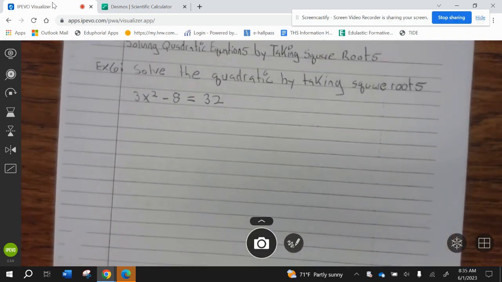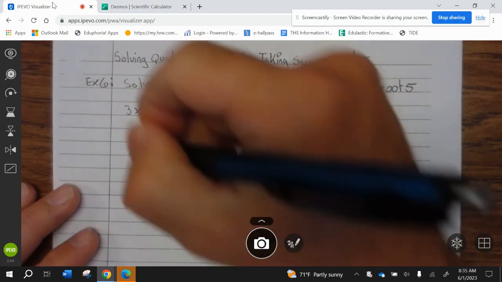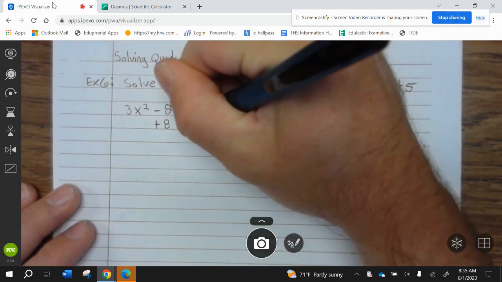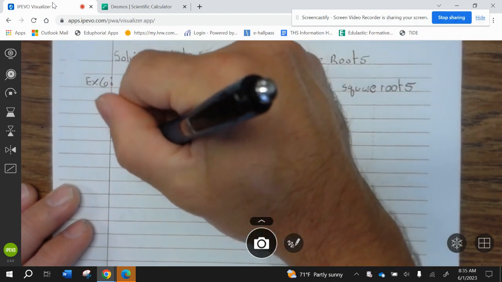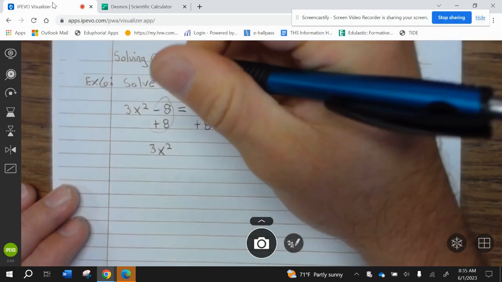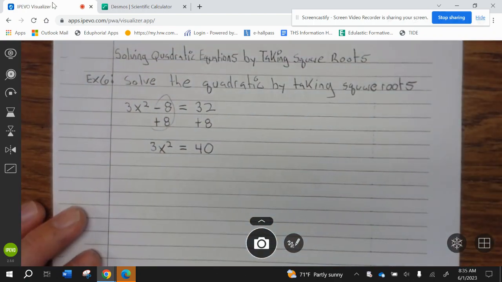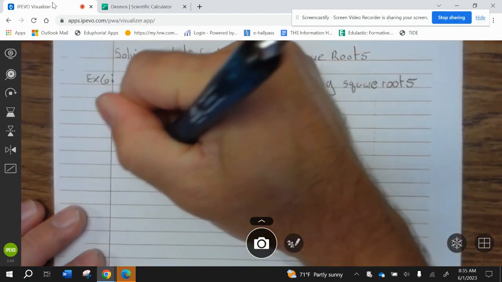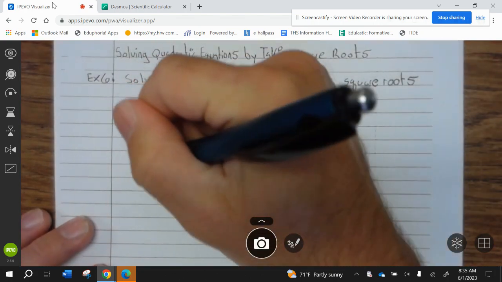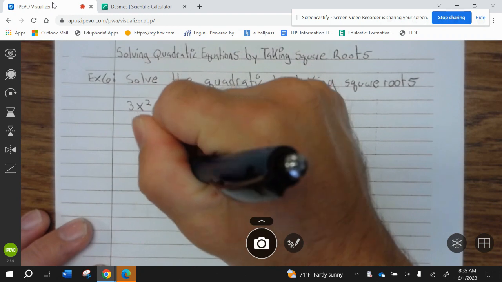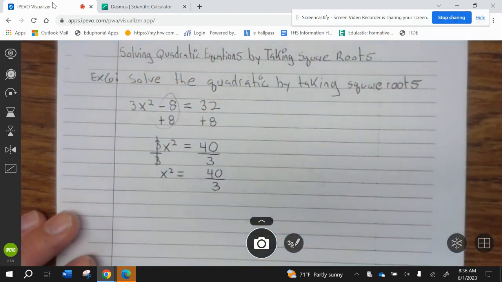All right, example 6. Solve the quadratic equation by taking square root. So first thing first is we're going to add 8 to both sides. So that becomes 0. You get 3x squared equals 40. Divide both sides by 3. That becomes 1. You get x squared equals 40 divided by 3.